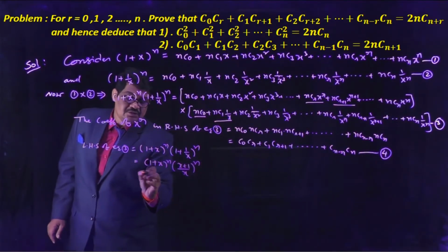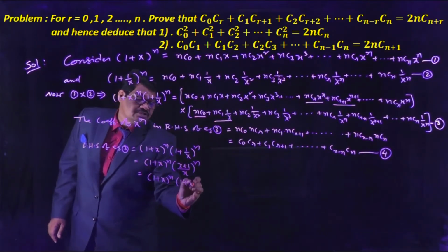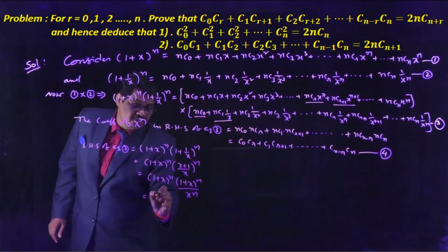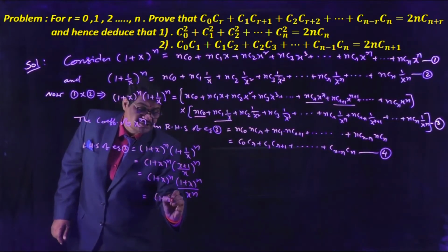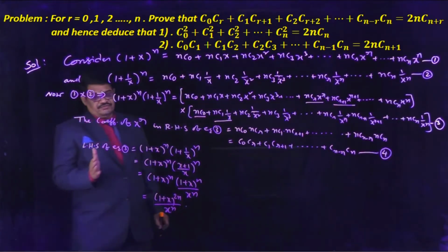That is nothing but (1 plus x) whole power n into (1 plus x) whole power n by x to the power of n, that is (1 plus x) whole power 2n by x to the power of n.